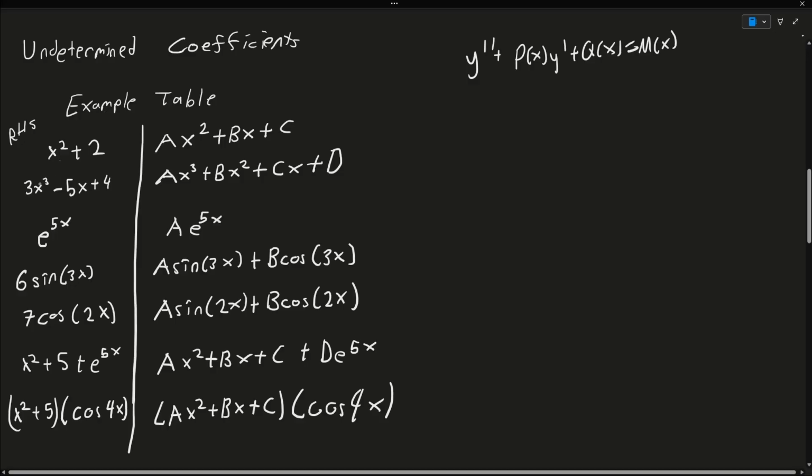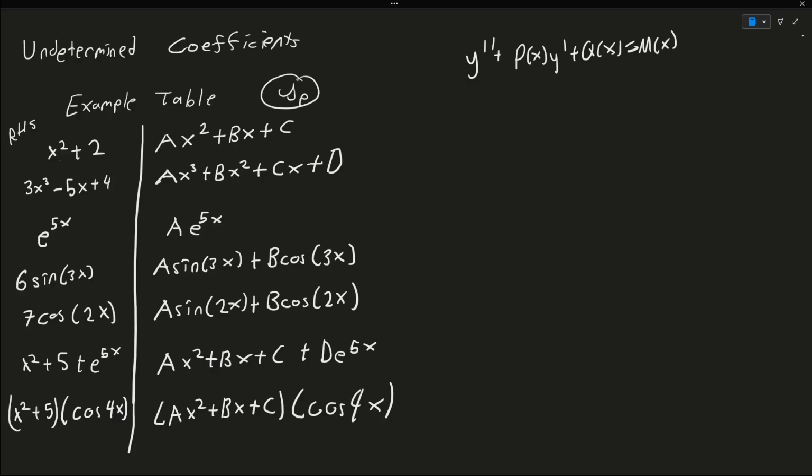If we have a third order polynomial, it will generate a third order polynomial, and these a, b, c's are just constants, and we're going to try to solve for these constants, and these will eventually be our y particular. This side is for your y particular.